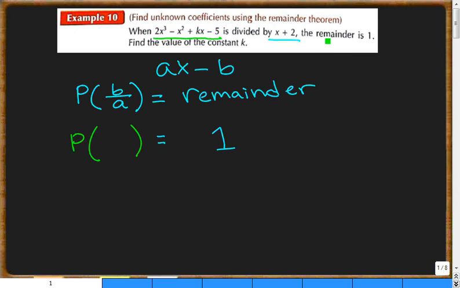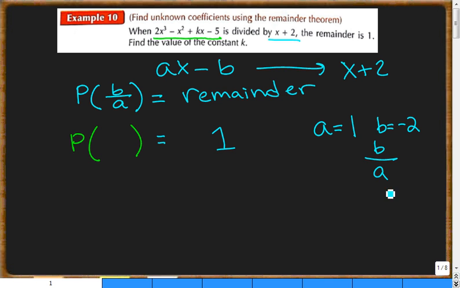So we just need to figure out what b over a is going to be in this case. If we look at x plus 2 in comparison to ax minus b, our a value is going to equal 1 and our b value is going to equal negative 2. And so b over a is going to be negative 2 over 1, which is the same thing as negative 2.